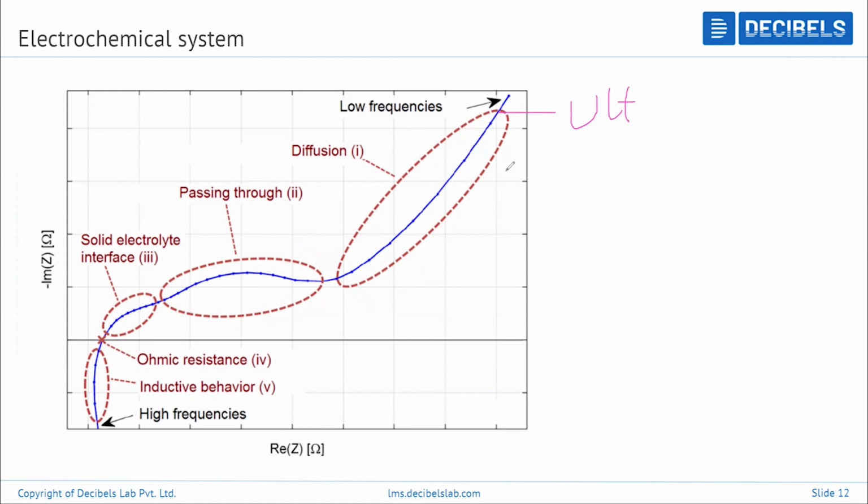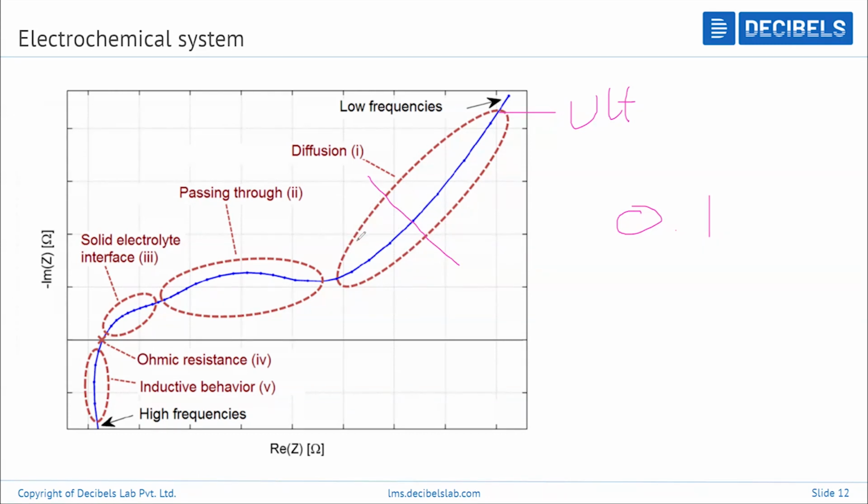So there you are able to capture the Warburg. With 0.1 hertz or something like that, you are able to capture only half of the Warburg, where it won't completely carry out the behavior of the cell.